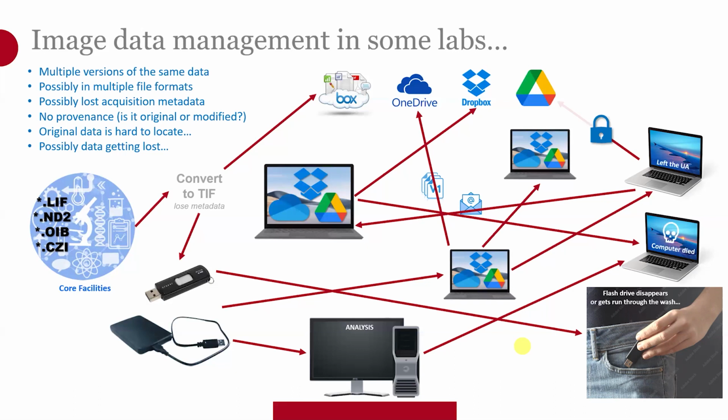You have students that maybe left the U of A and their access to their Gmail account is now locked, and any data that's there is unavailable. Somebody in the lab's computer is going to die. It happens. Maybe the flash drive walks away or goes through the wash.